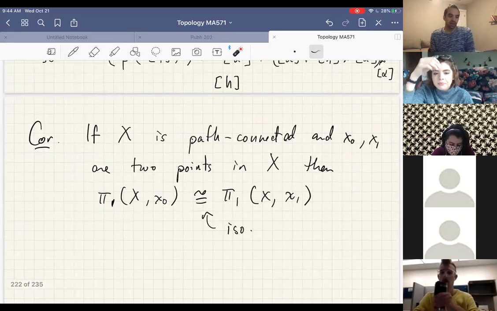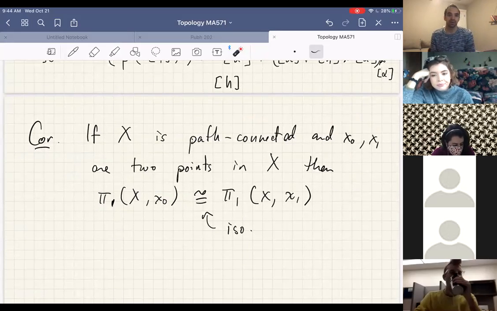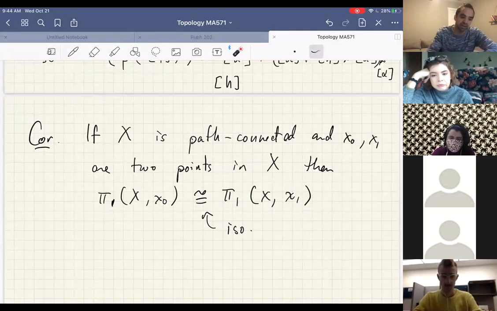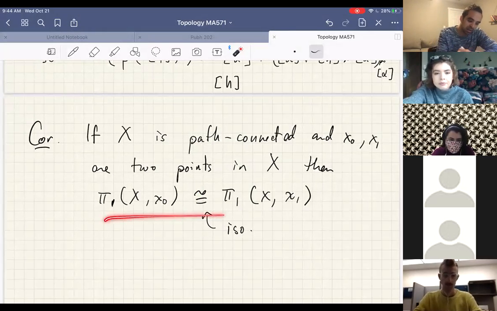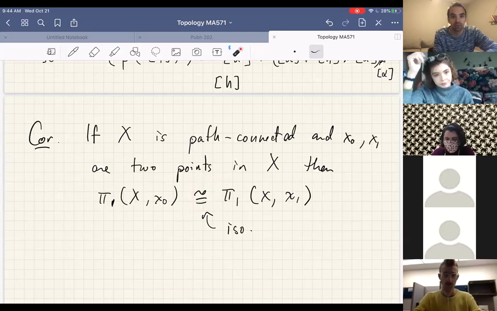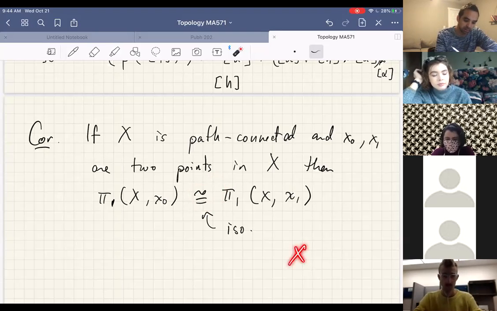A corollary: if any two points are connected by a path, namely if X is path connected and x0 and x1 are two points in X, then the fundamental groups at those points are isomorphic. By this symbol, I will mean isomorphism of groups, or homeomorphism of spaces as well.